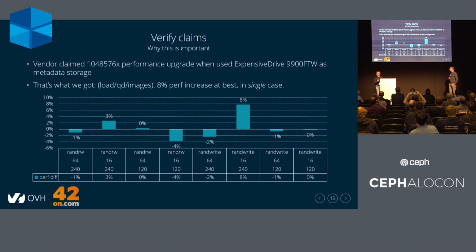We actually got one of these drives and tested it ourselves, and the best we got is an 8% increase in one single case. It was because we weren't I/O bound, we were CPU bound, and having faster drives doesn't help in this case.